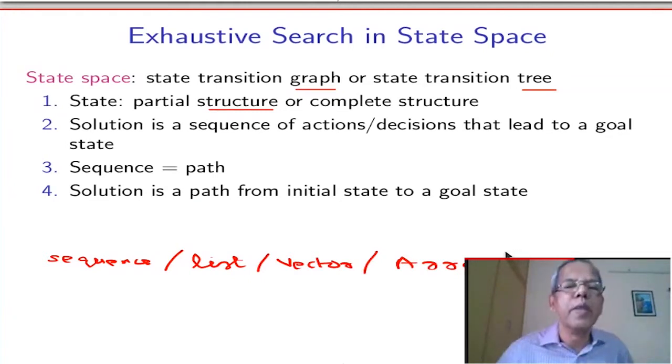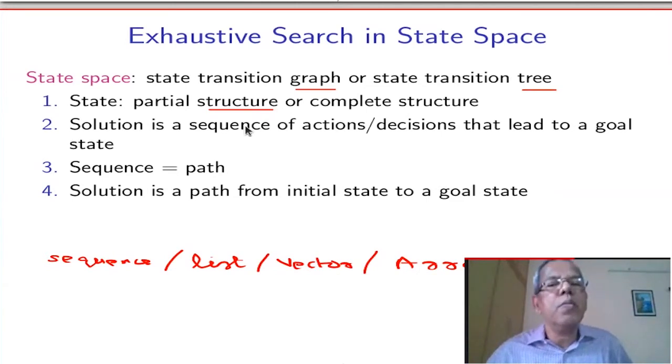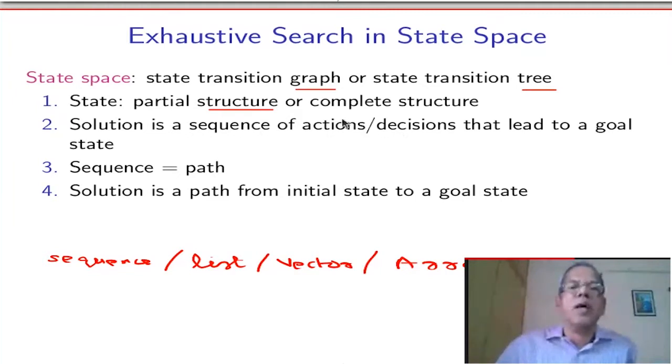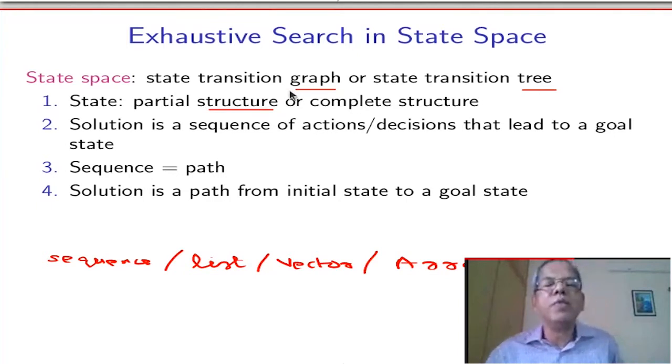And we want to construct the structure. It is possible to construct the structure, the solution structure, by a sequence of actions or decisions. We may either start with an empty structure and extend it into a complete structure, or we may start with a feasible structure and improve that into an optimal structure.